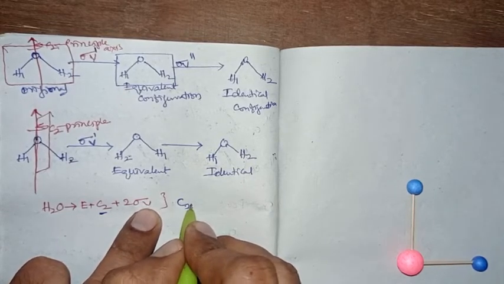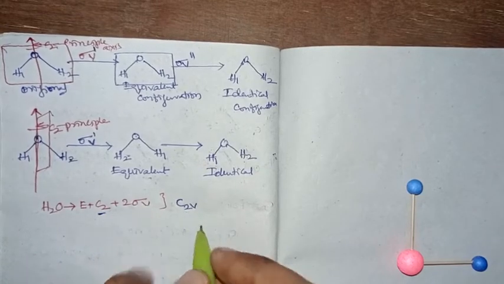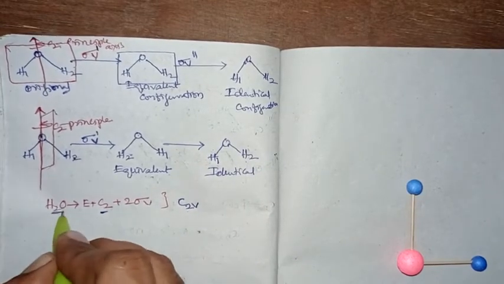Here only vertical planes are there, so it will be C2v. C2v is the point group for water, right?